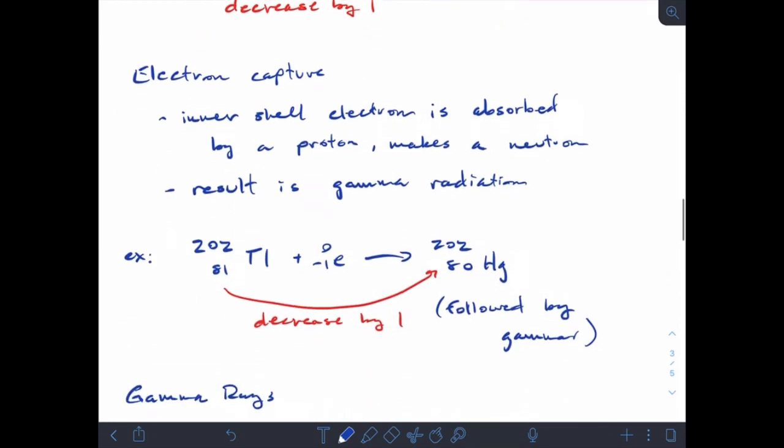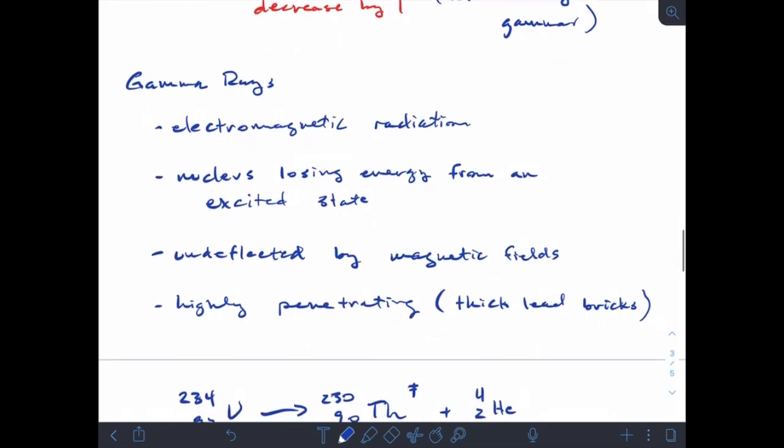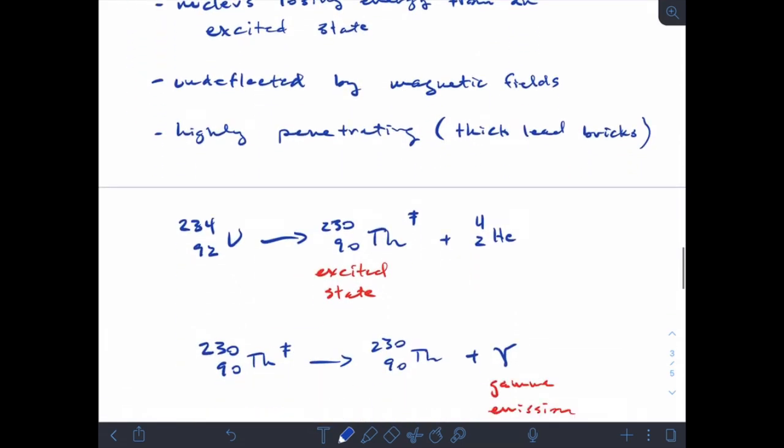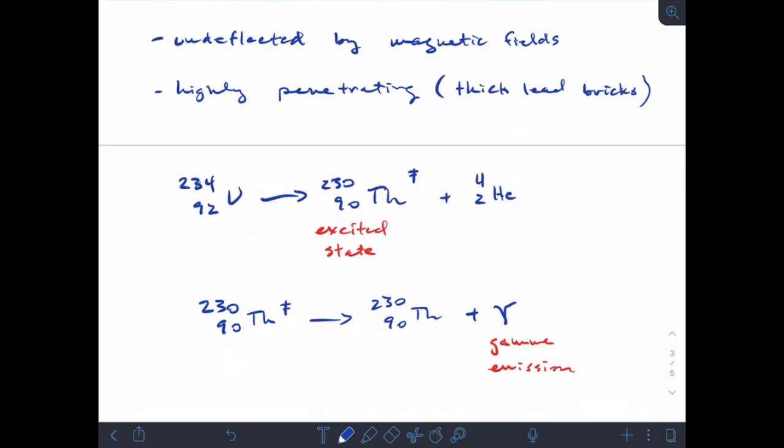With electron capture, again, your mass number will stay the same, and this time your atomic number will decrease by 1. Very similar to positron emission, but for a different reason. And then gamma rays, specifically from the gamma emission, we don't see any change in mass number or atomic number, but it's the result of an excited state that usually comes along with other types of radiation.